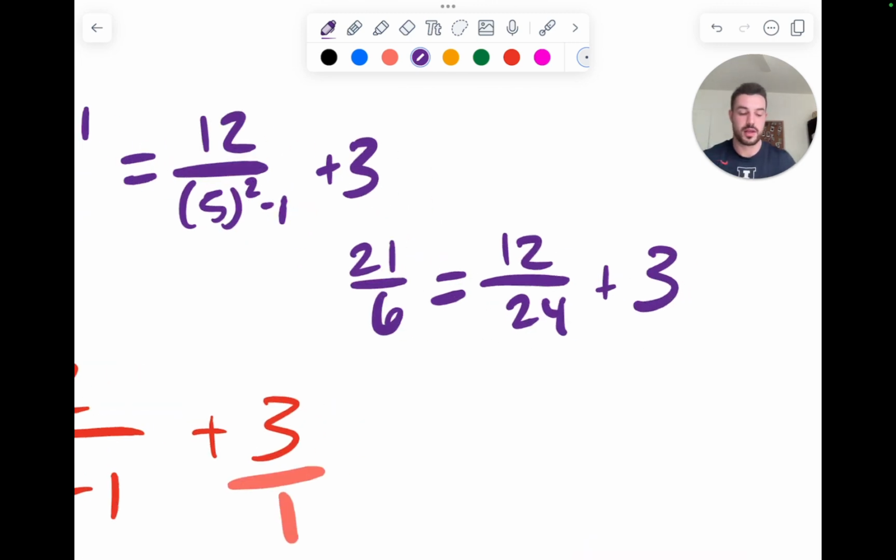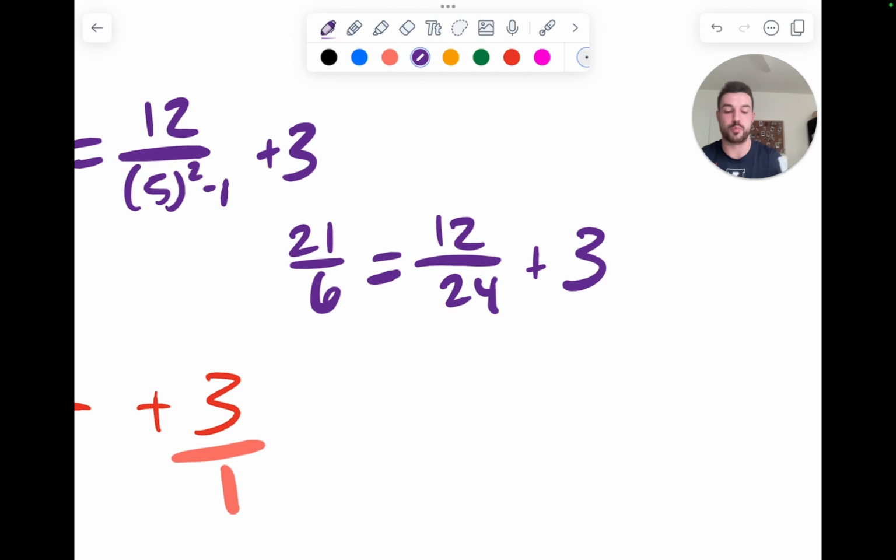plus 3. And we can check this on a calculator, but what I can also do is make this 24 times 3, which is, let's see, 24 times 2 is 48, and give us a 72.